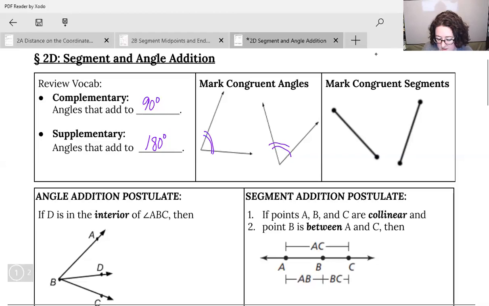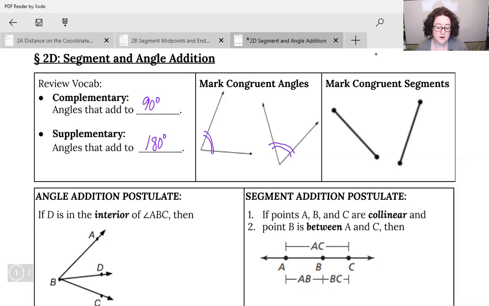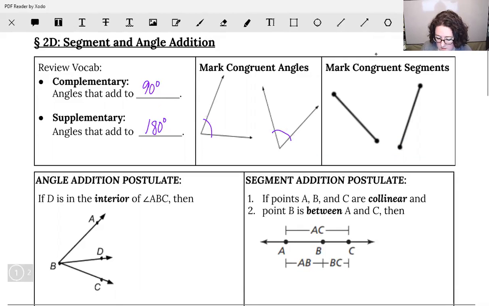So if you have a bunch of angles in the same diagram, some of them might have one arc to show they're equal, and then others might have double arc to show those are equal. You might also see the arc with a little dash mark on it. Again, depending on the resource, depending on who's writing things out, you might see that if I've used pictures from other resources.